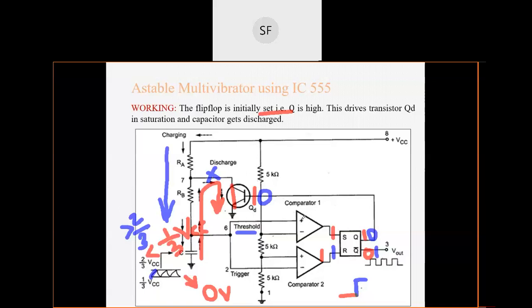This voltage will be greater than 2 by 3 VCC, whereas the inverting terminal of comparator 1 is fixed at 2 by 3 VCC. So the voltage at the positive terminal is greater than the voltage at the negative terminal, and the comparator 1 output will be 1.